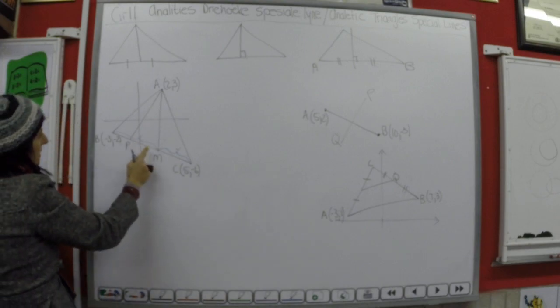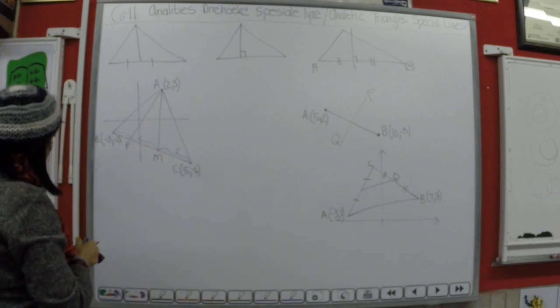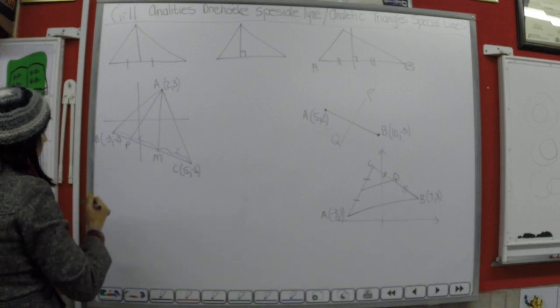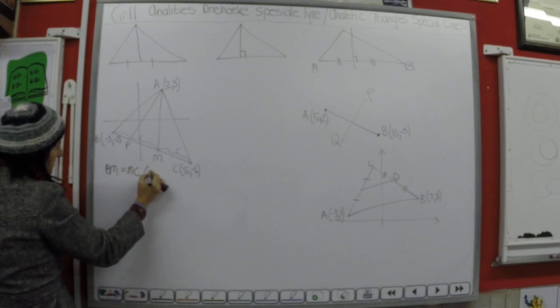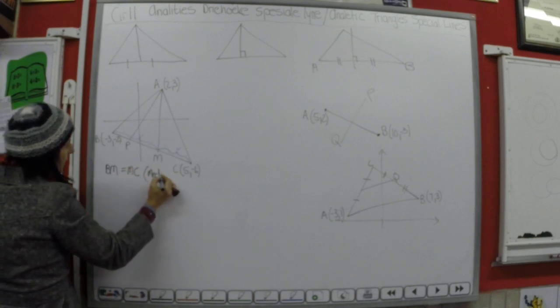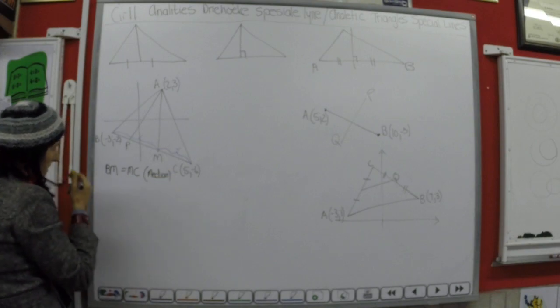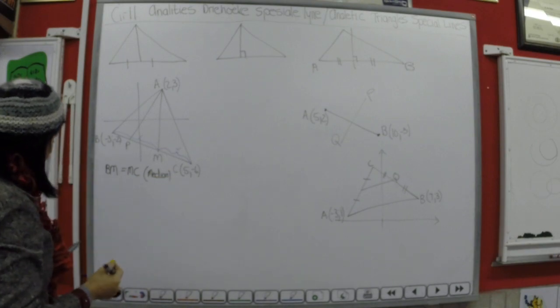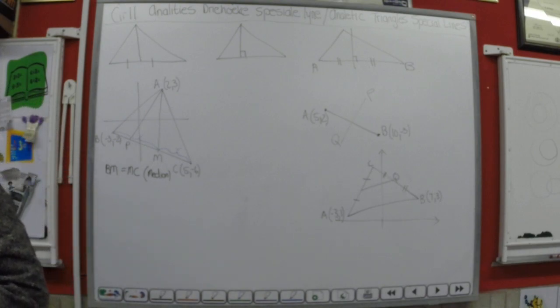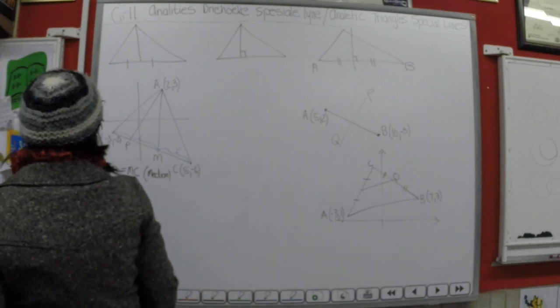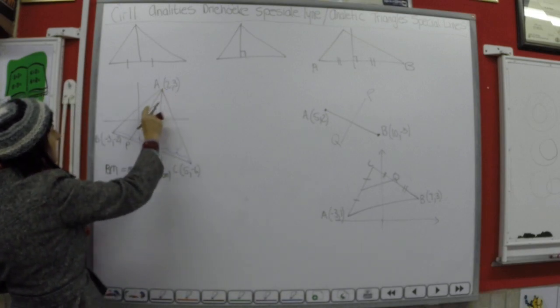So daai is gelyk aan daai. Met ander woorde, I can say that BM equals MC. The reason it's been given that it's a median. Okay.